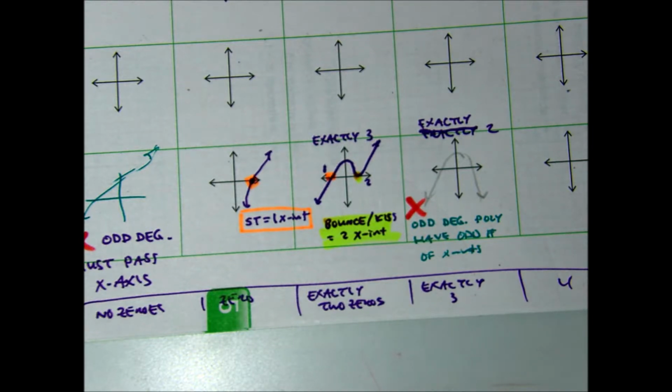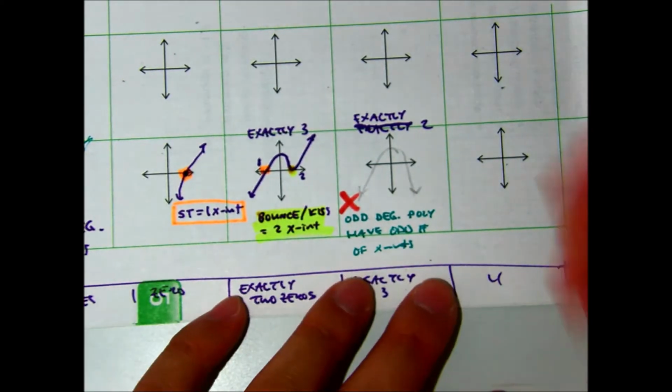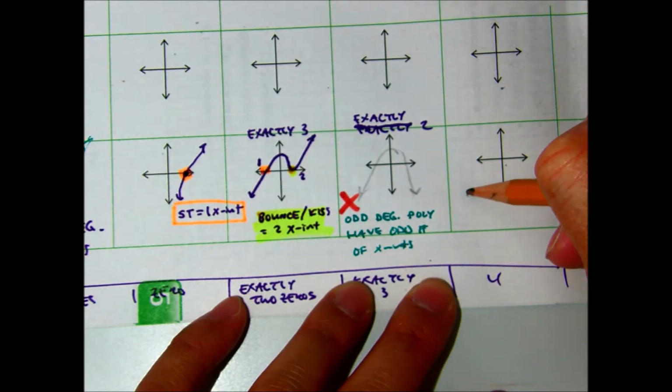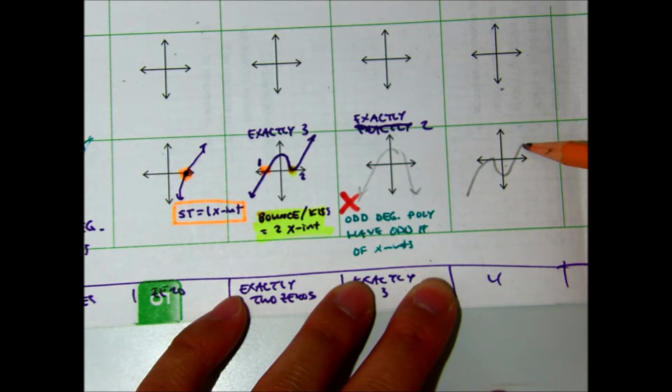All right, can we draw one with 4? Do you think it's possible? One, 2, 3. See, if I need a 4, we go like this, right?